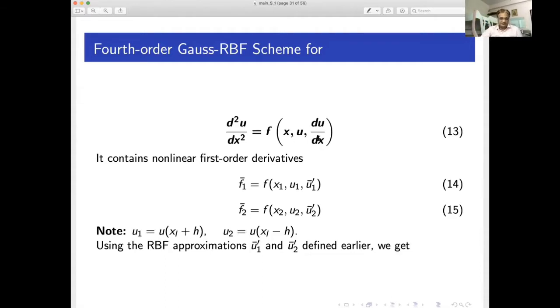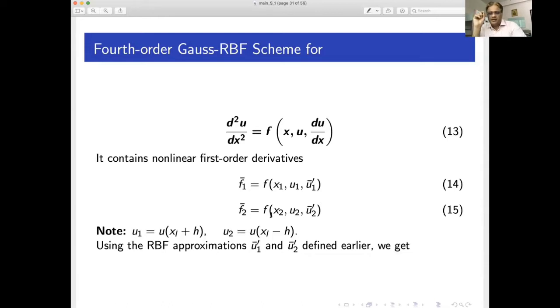For this equation, I have already derived the first derivative approximation at the point x1, which I have denoted by u1 bar prime. This is already known to you. Similarly, u2 bar prime is also known to you, derived much earlier. With these two derivations, u1 bar prime and u2 bar prime, I will formulate the function f at x1, u1 and u1 bar prime, and similarly for f2.